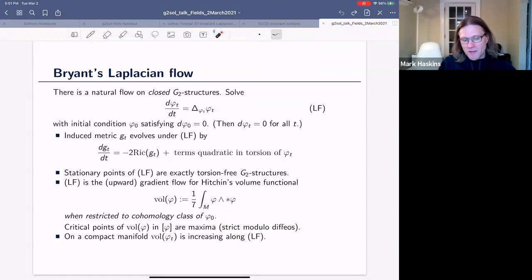So this is actually a sort of upward gradient flow for the Hitchin volume. That means, for instance, that when you look at how the volume changes along the Laplacian flow, it's strictly increasing along the flow. Okay.